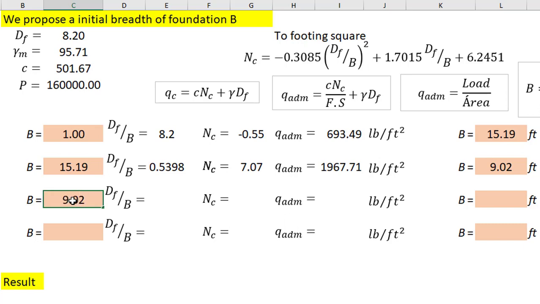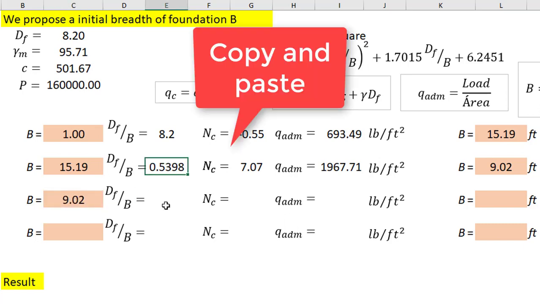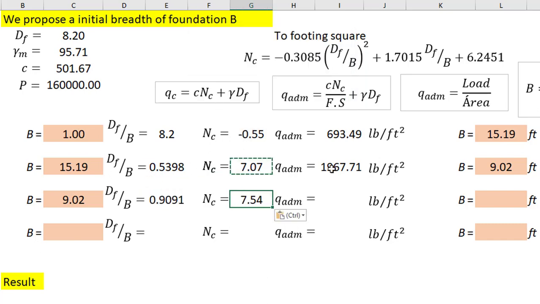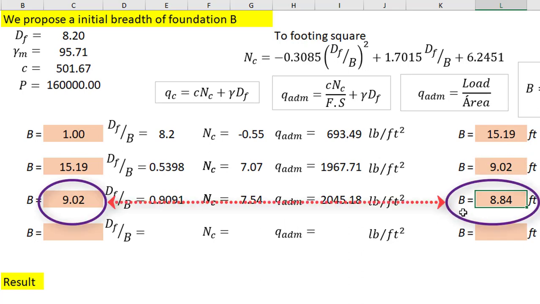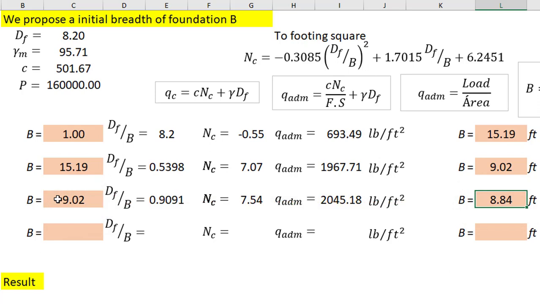Copy and paste. Now this B and this B are very close.